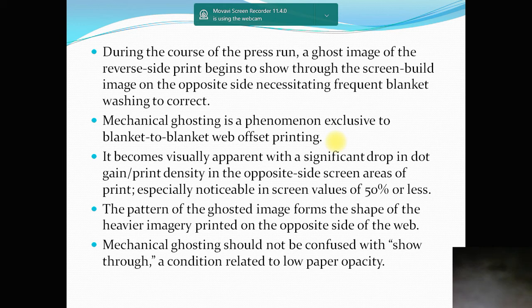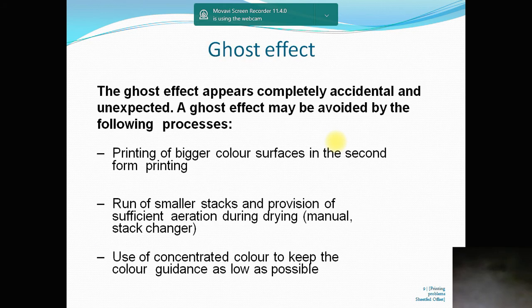If the paper opacity is very low, then we find a show-through problem. That means the lower sheet image will be seen through the upper sheet. Then that is called a show-through. So you should not get confused between show-through and mechanical ghost.